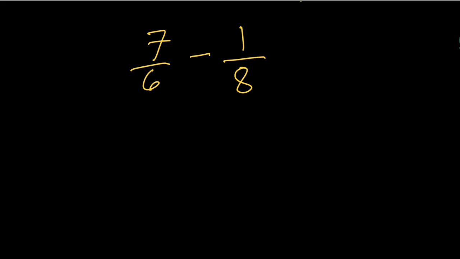What is the smallest number that can both divide 6 and 8? You just multiply 8 and 6, if you're having a hard time. So, what is 8 times 6?